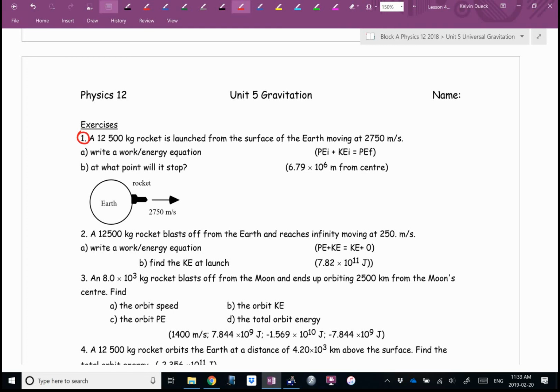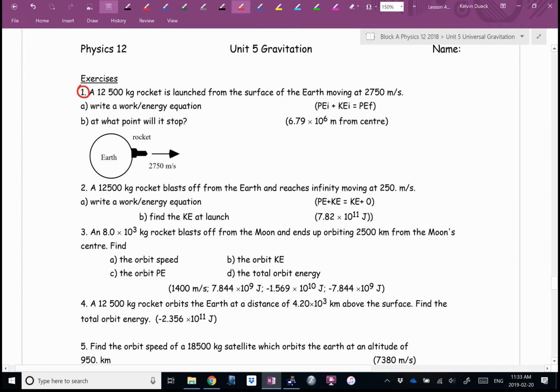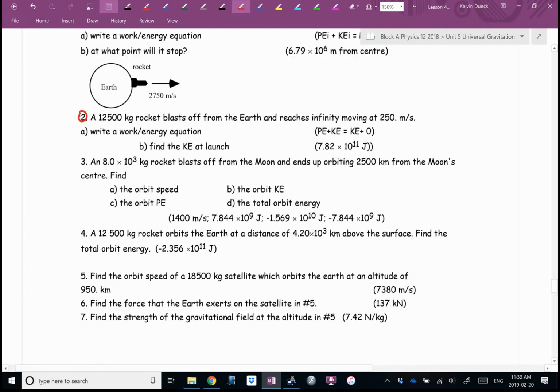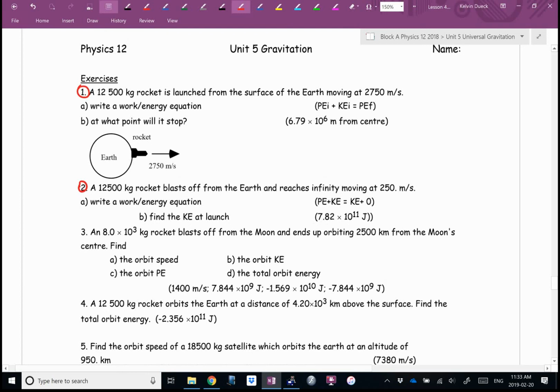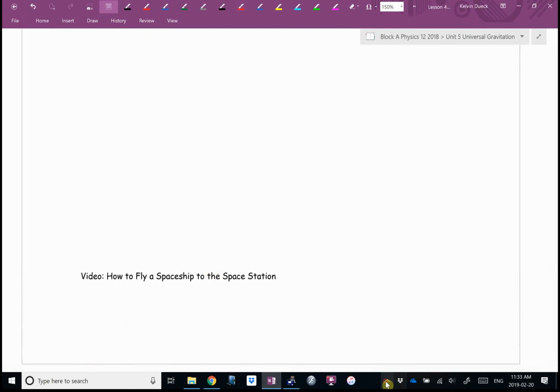Solve for R final. Try number 2. I think I'm just going to assign those two for now. Put your pencils down, look up.